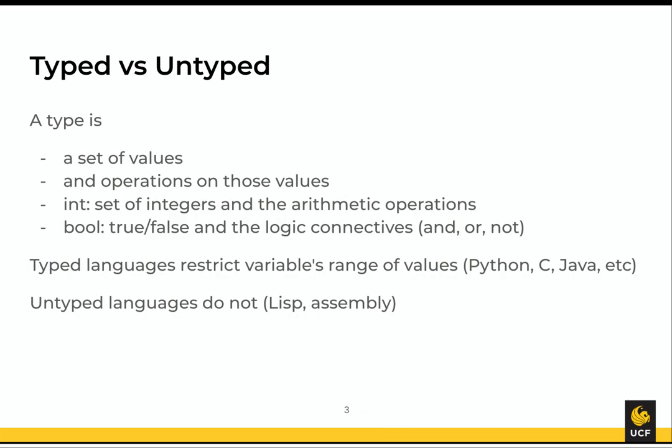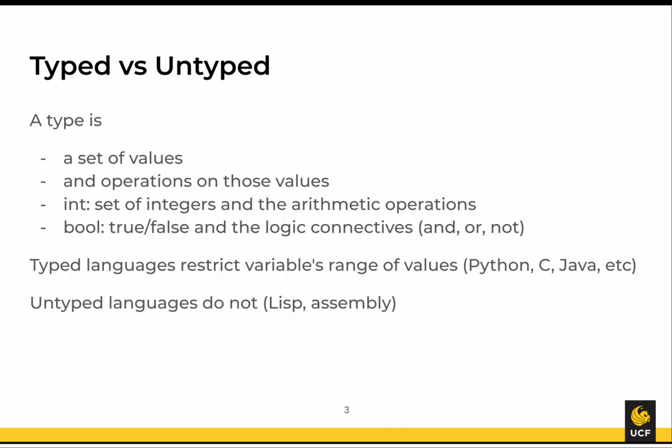So typed languages restrict a variable's range of possible values. For an integer in C, you cannot assign a floating point to it. As we'll see in an example, the C compiler will do some trickery under the hood to allow you to express that, but you won't be able to actually represent floating point values with an integer type.